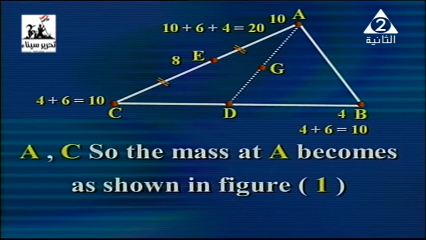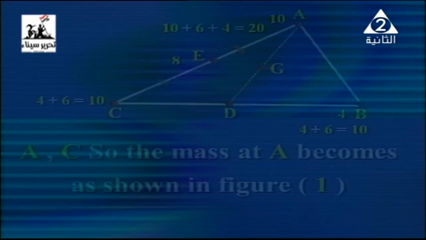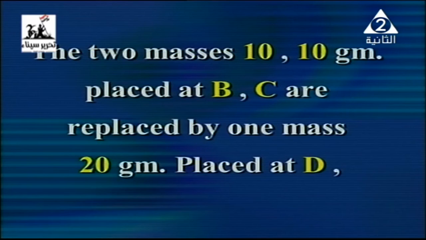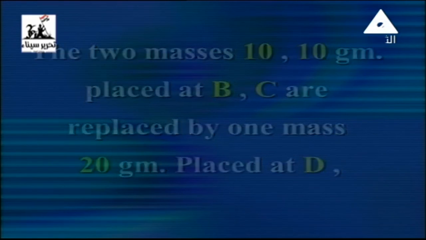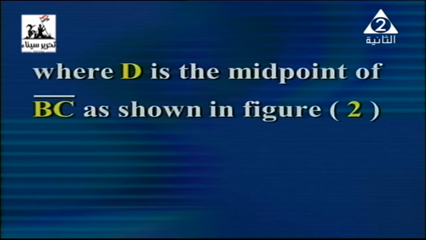So the mass at A becomes as shown in the figure. Then the two masses 10 and 10 gram placed at B and C are replaced by one mass of 20 gram placed at D. D is the midpoint of BC, as shown in the figure.